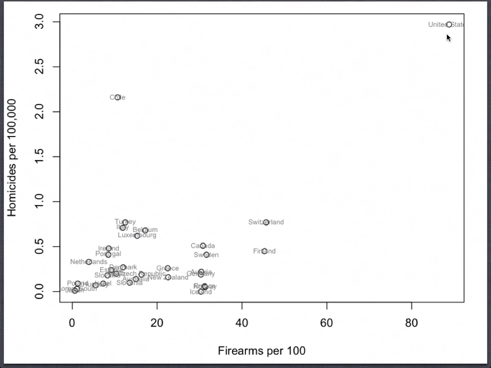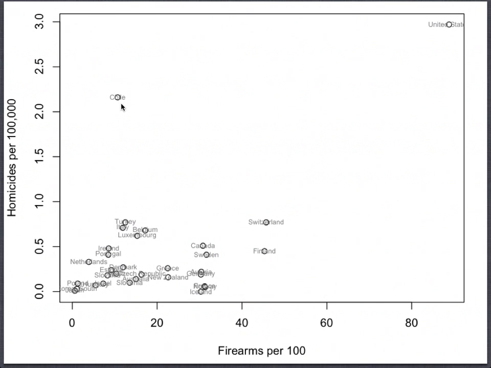So here's the U.S. A lot of firearms, and a lot of homicides. For one country, you see this one country, which is the U.S., which is a huge number of firearms and a huge number of firearm homicides. Okay, so where is that second country?